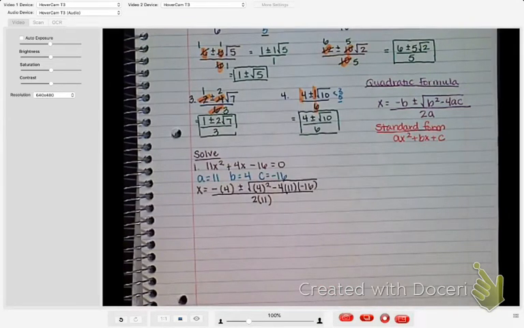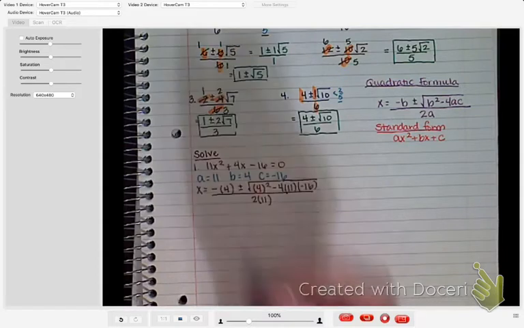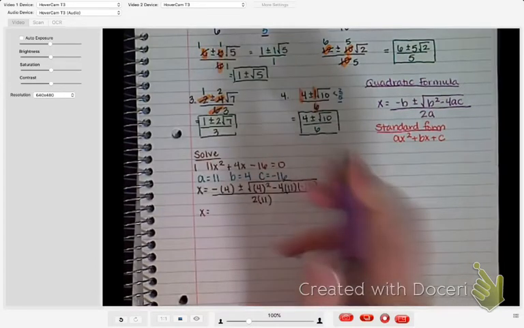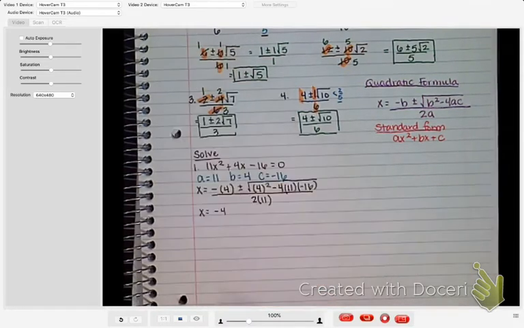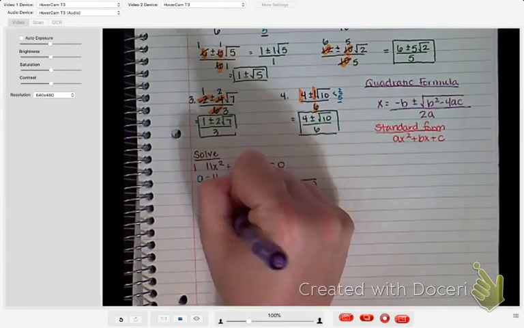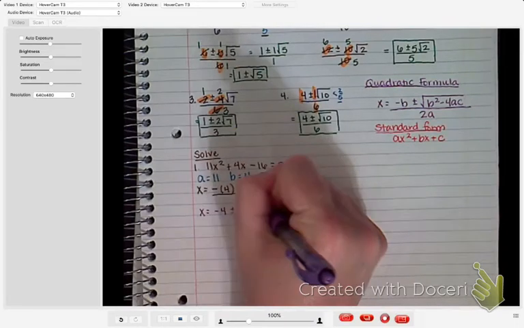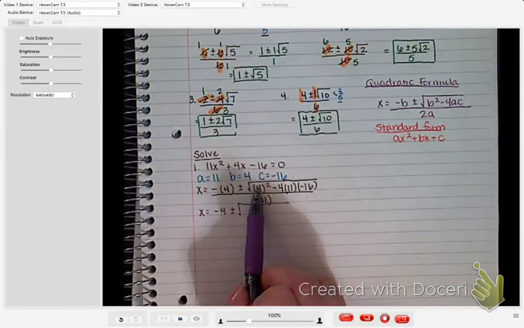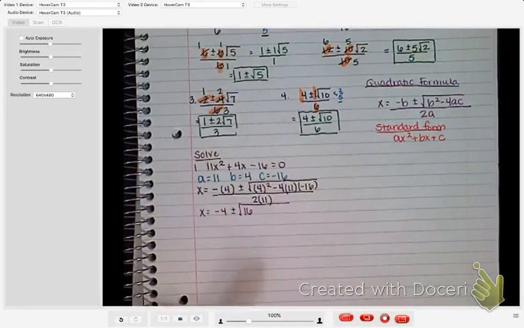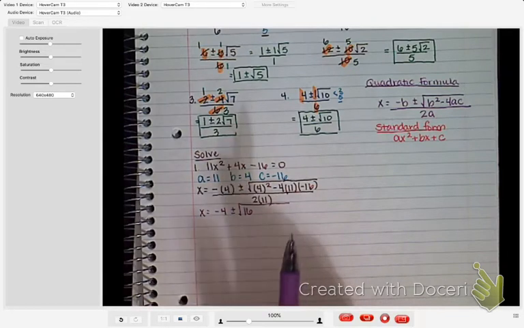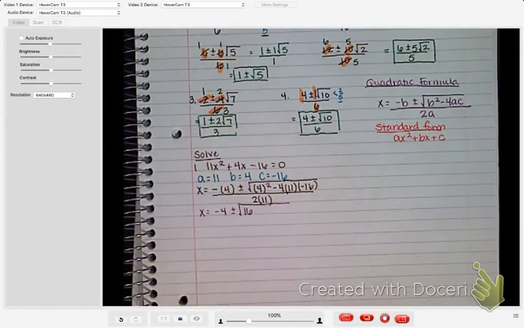Okay, one step at a time. All right, so x equals, this negative and the 4 just becomes a negative 4, plus or minus the square root. So we're going to simplify here. 4 squared is 16. Negative 4 times 11 is negative 44.